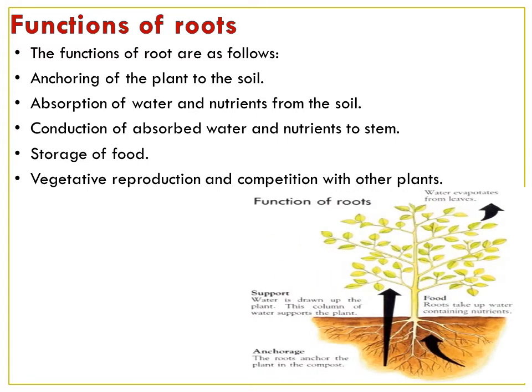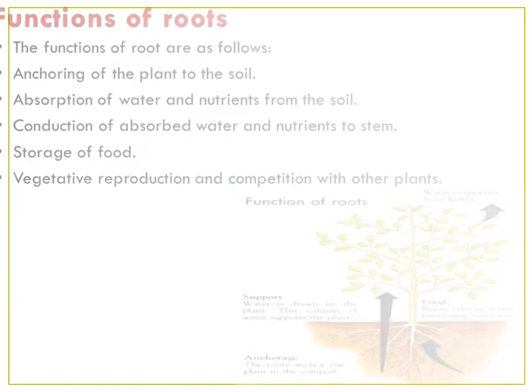See the functions of roots in this diagram, it is clearly understandable. The roots are under the soil, so we cannot see them until we take them out, and they supply nutrients to the plant.